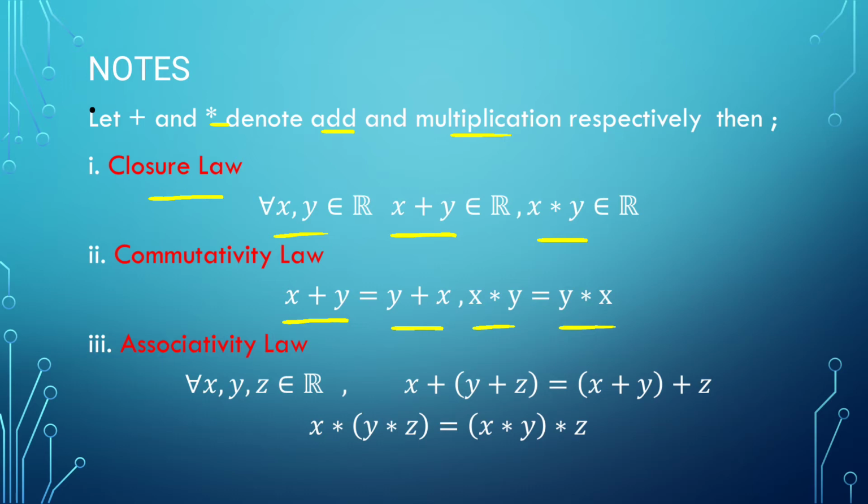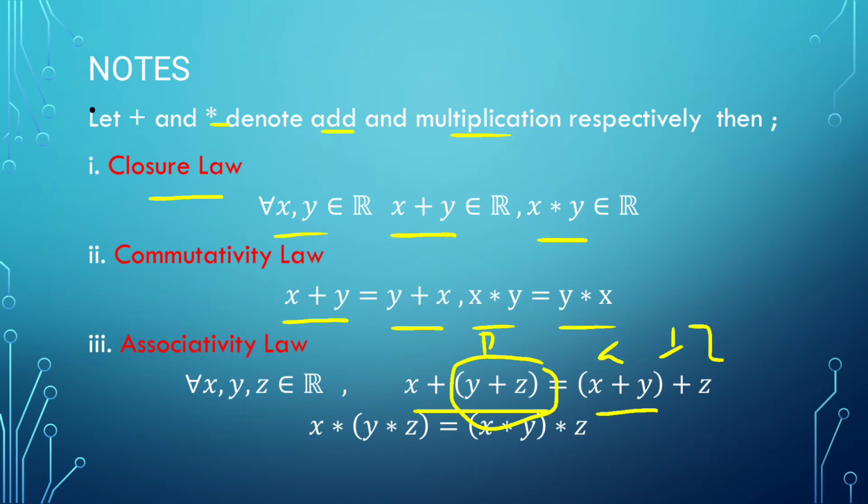The next law is called associativity law. If you have x, y, z members of R and you find x plus y plus z, and you group, like first you do y plus z, and the solution that you get, say solution P, you do x plus P, it will be the same as doing x plus y, which is maybe Q, plus z.